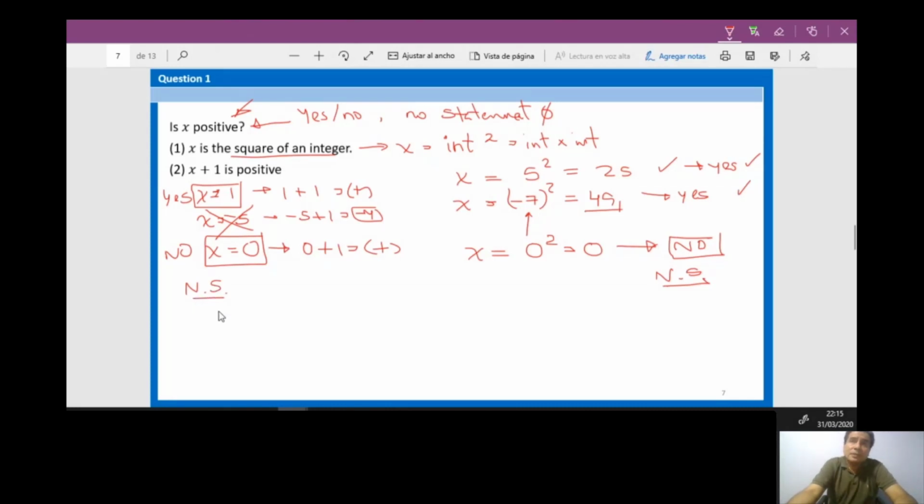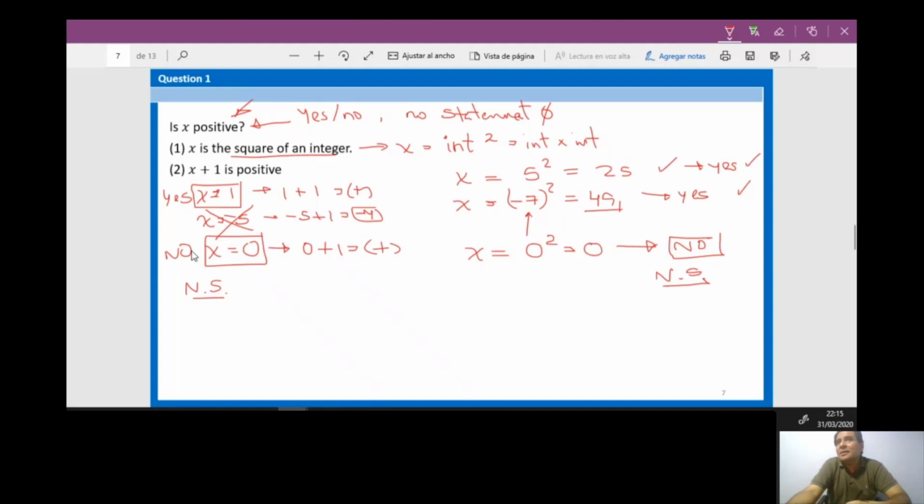All right? So take a look, something interesting. This is a little twisted. We cannot try values of x that deny or contradict the statement. We can only take values that make the statement true. This is something important.